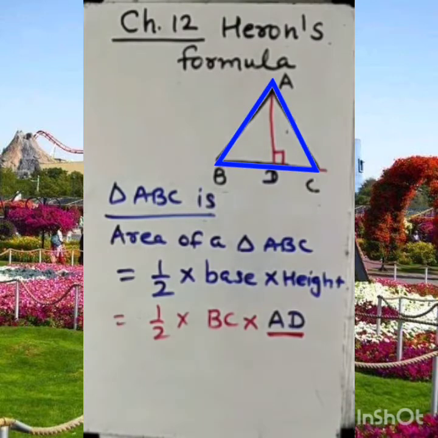Then in such a case, how do we find the area of a triangle? So, my dear student, for that I am giving you one big introduction before I proceed. So, be ready.